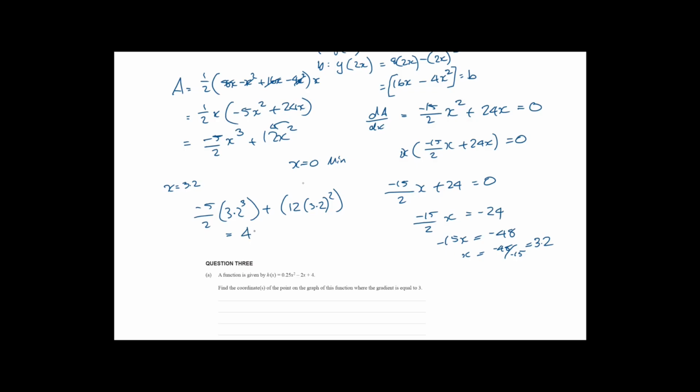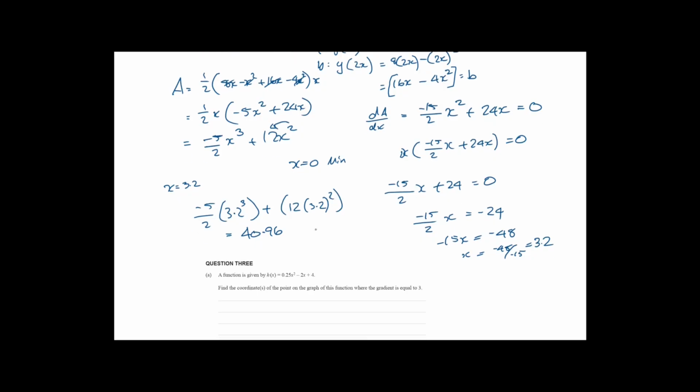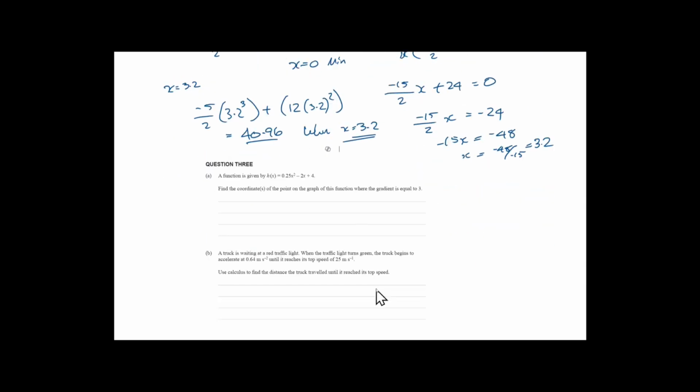That seems about reasonable. So what's the units? It doesn't give us the units. So the maximum area is 40.96 when x equals 3.2. Fair enough. Okay.